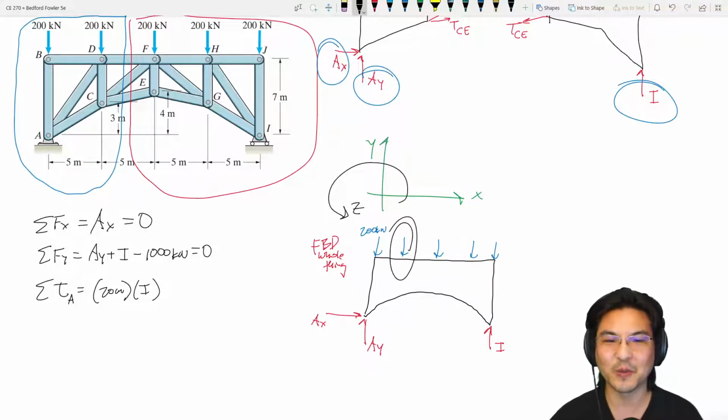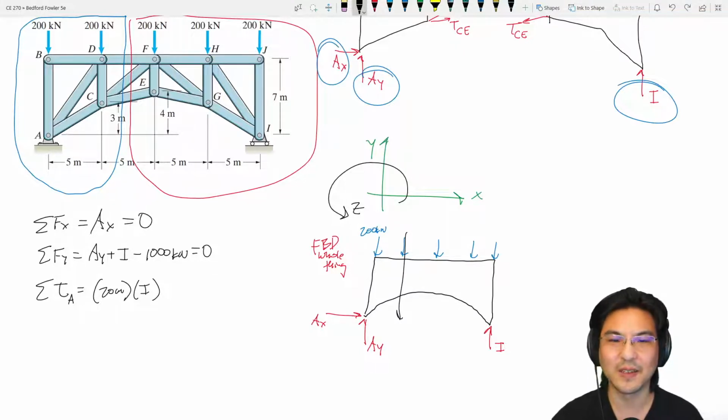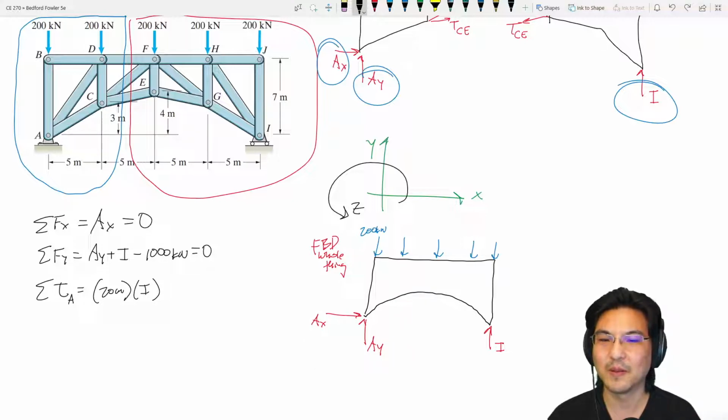There's torque from this one, and then the lever arm is this far, right? 5 meters, and would be going clockwise. So minus 5 meters times 200 kilonewtons. So that's from this one.